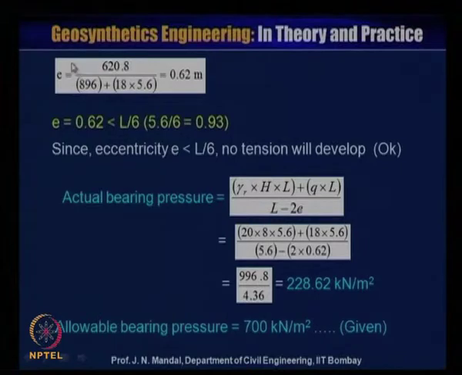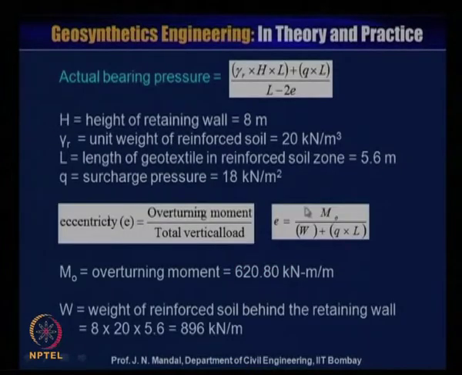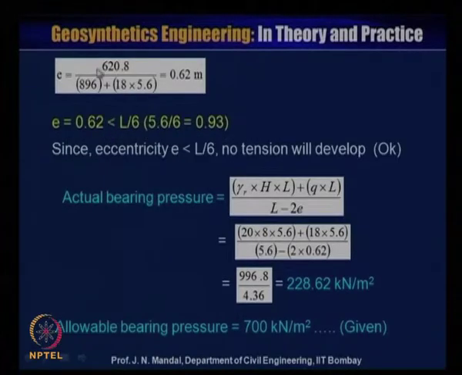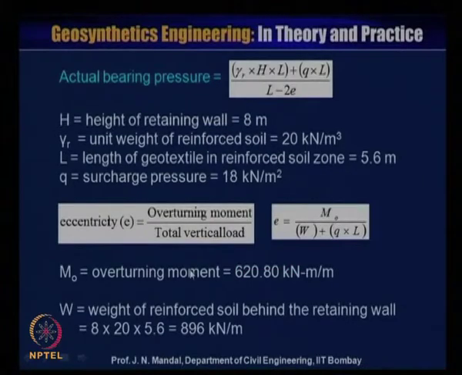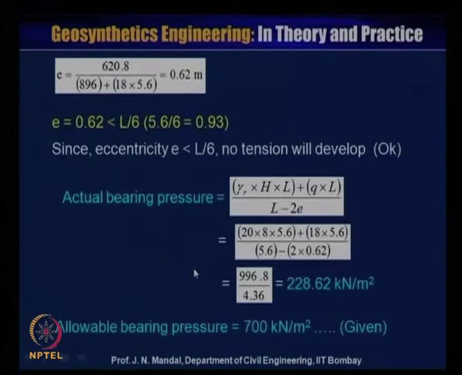Now, eccentricity E, if you substitute these values, M0 by W plus Q into L, that means the M0 value given is 620.8, divided by W, which has been calculated as 896, plus Q into L. Q is equal to surcharge load 18 and length of the reinforcement 5.6.